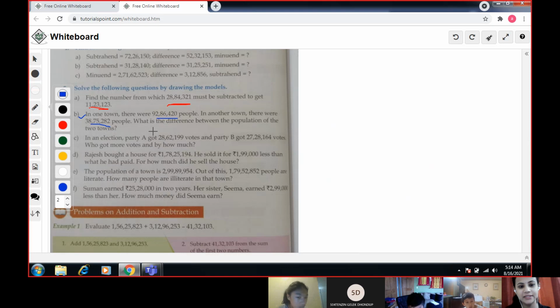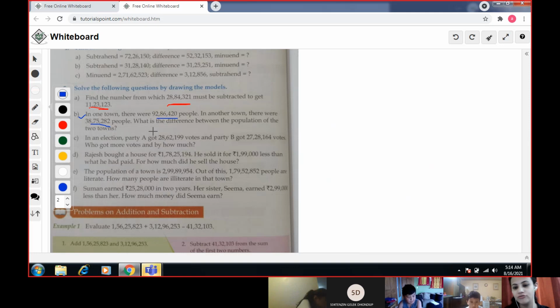We have to find the difference between the population of the two towns. So how will we write? We have to write it in words, because this is a word problem, and in a word problem we always write in words.